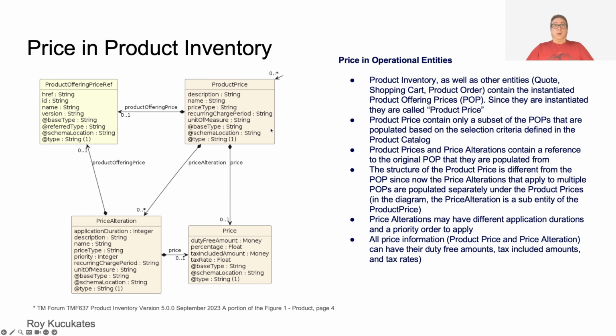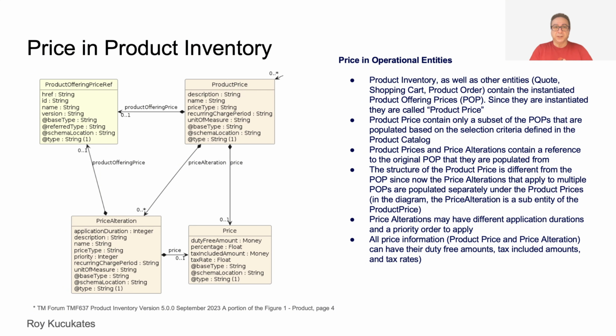Here's the product price entity. It refers to the product offering price that it has been instantiated from, just to indicate that this product price was based on these product offering prices that were defined in the catalog.